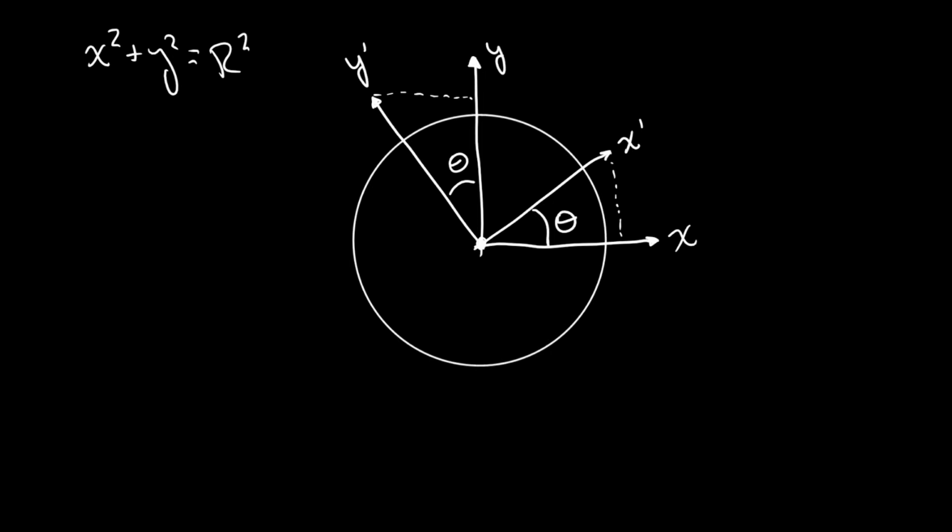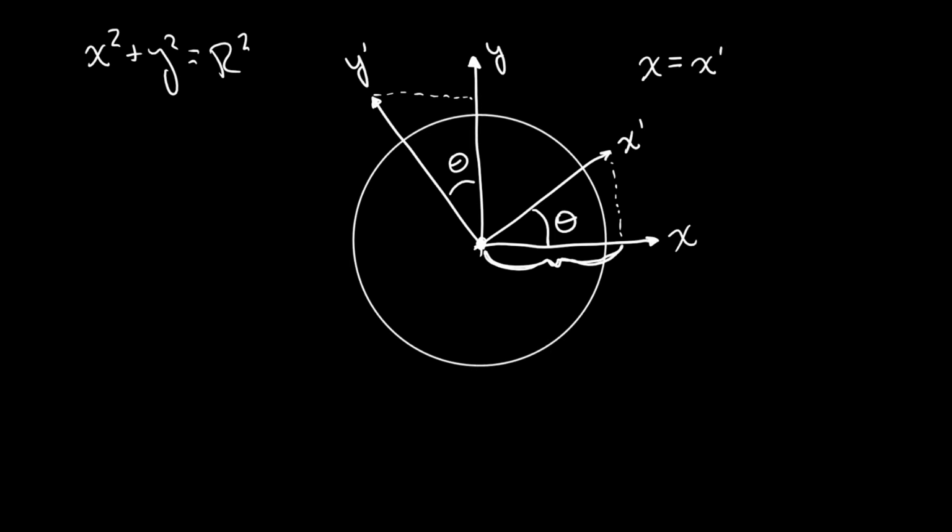So let's start with x prime. We can see that for x prime, this part here is what lies along the x-axis.